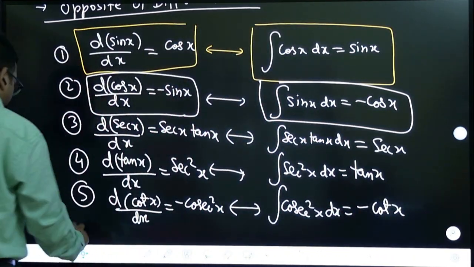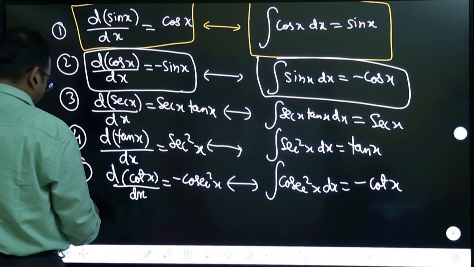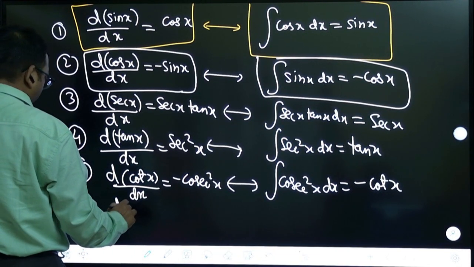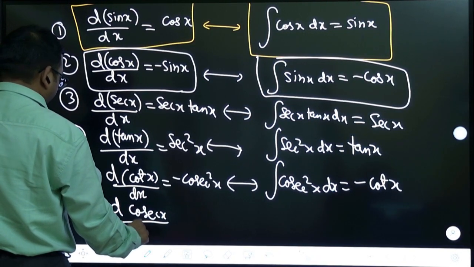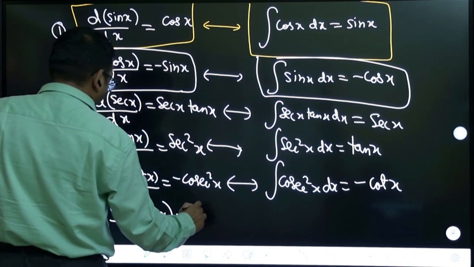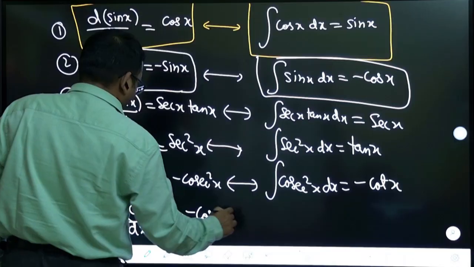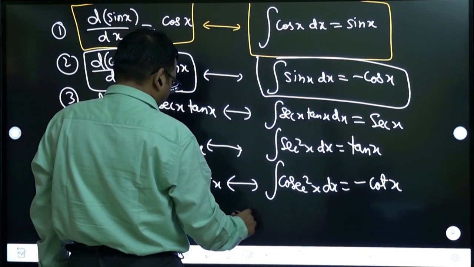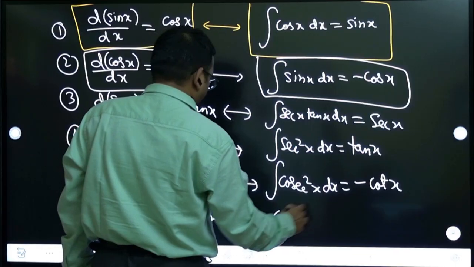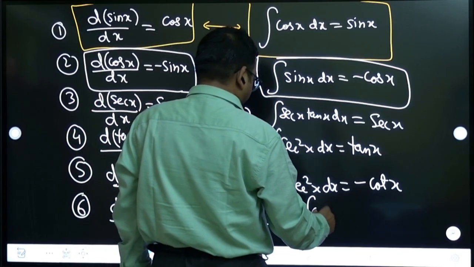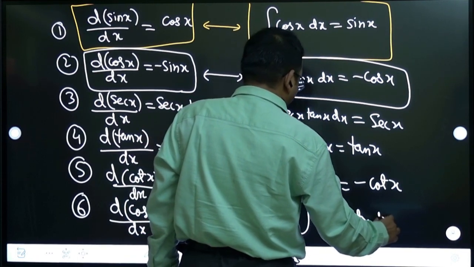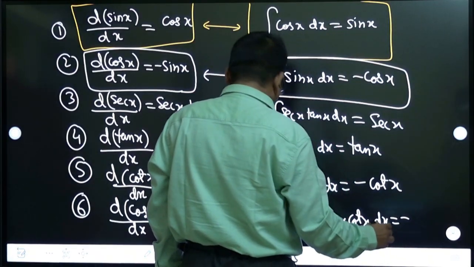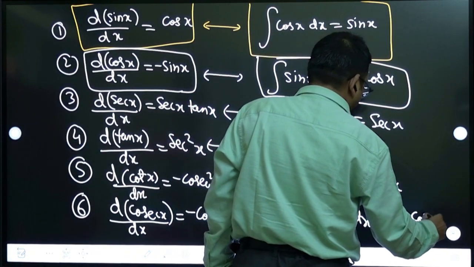And the last trigonometric formula is differentiation of cosecant x with respect to x gives us minus cosecant x cot x. So integration of cosecant x cot x with respect to x will give us minus cosecant x.